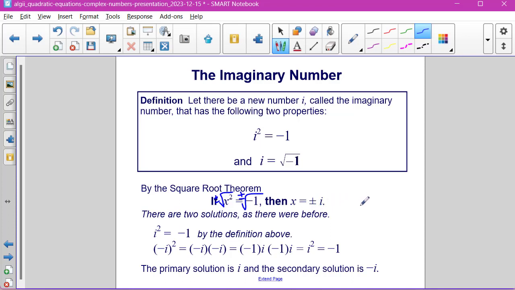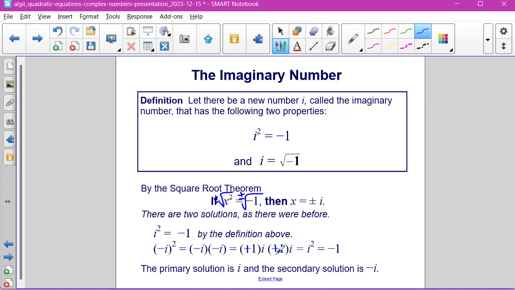There are two solutions, as there were before. i squared is equal to negative 1 by the definition above. And negative i squared is equal to negative i times negative i, which you can then rewrite as negative 1 times i, negative 1 times i, and then negative 1 times negative 1 is positive 1.